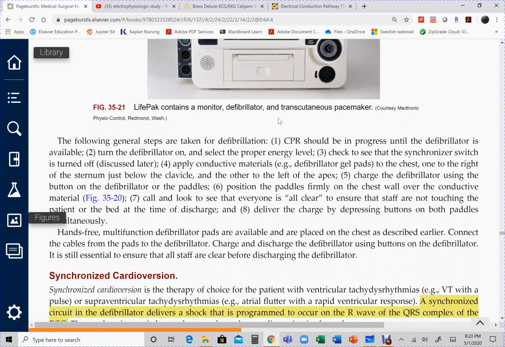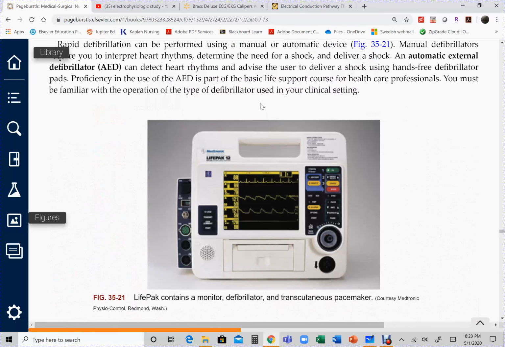When used as a defibrillator, it will fire the electric shock whenever the user presses the button on the paddles.